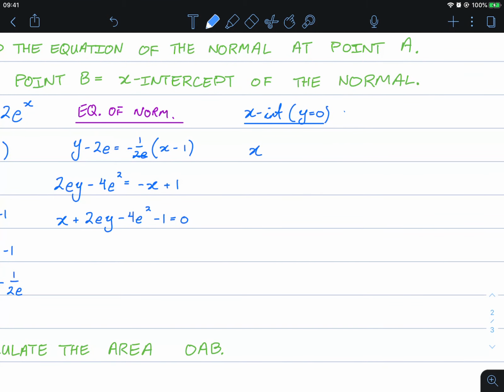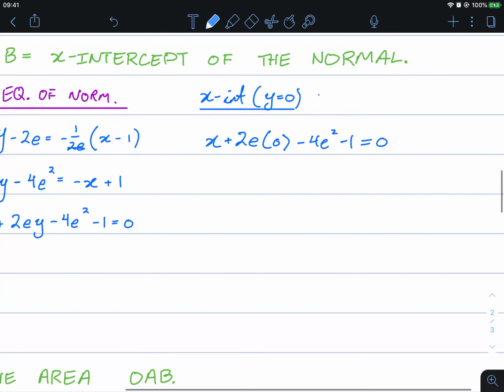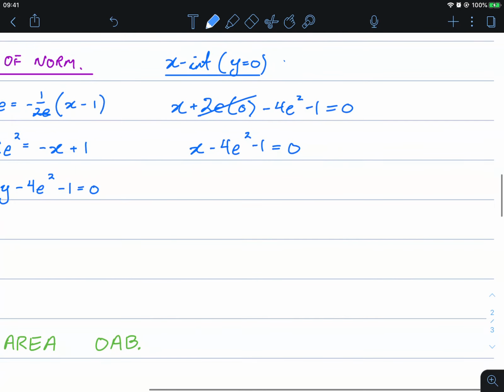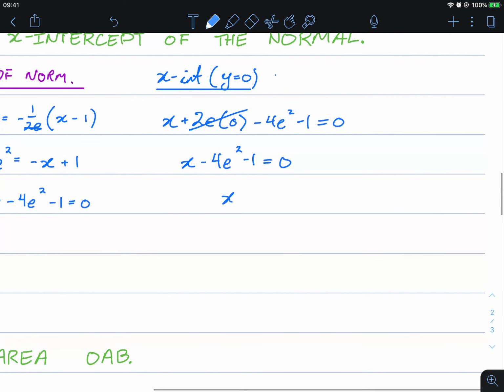So that's going to be x plus 2e times 0 minus 4e squared minus 1 equals 0. That goes away, leaving us with x minus 4e squared minus 1 equals 0, which leaves us with x equals 4e squared minus 1.